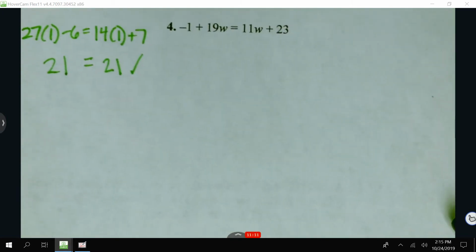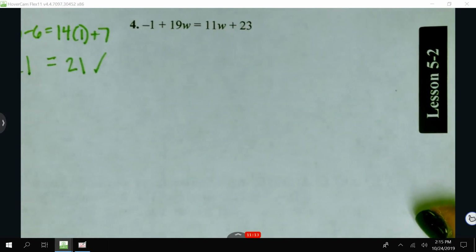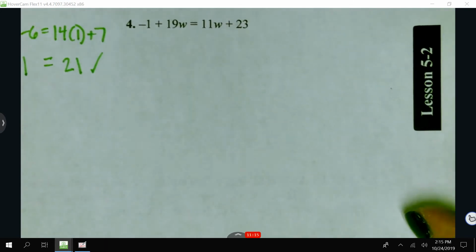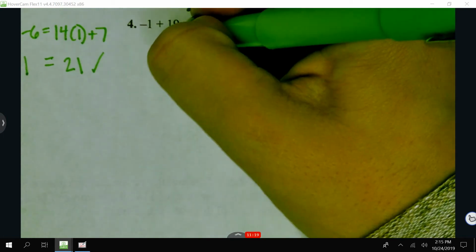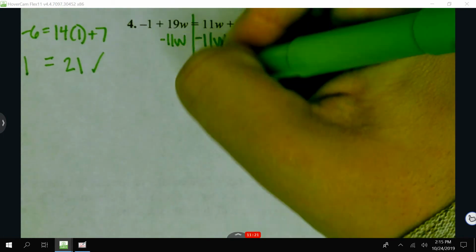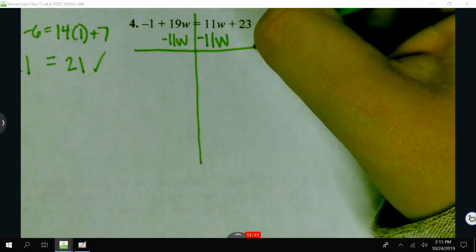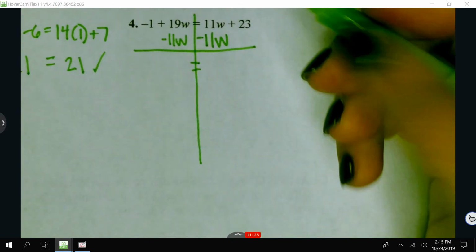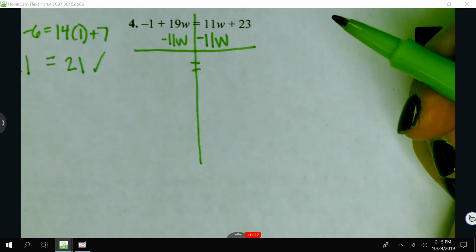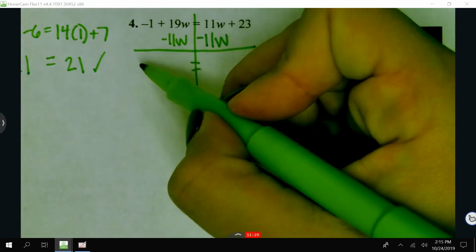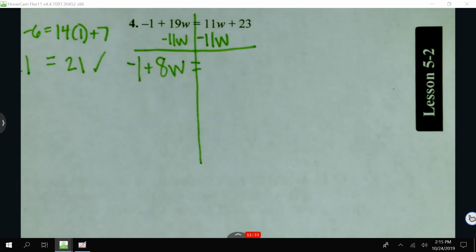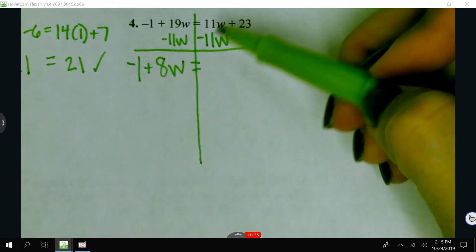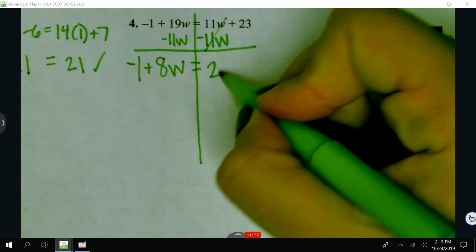Okay, number 4. What do I want to do first? If I subtract 11W on both sides, then I'm still going to have a positive over here. So what do I have on the left-hand side? You get negative 1 plus 8W. And what about on the right-hand side? Just 23.